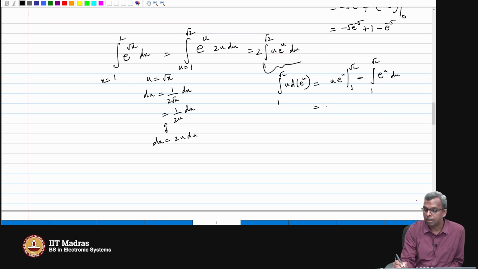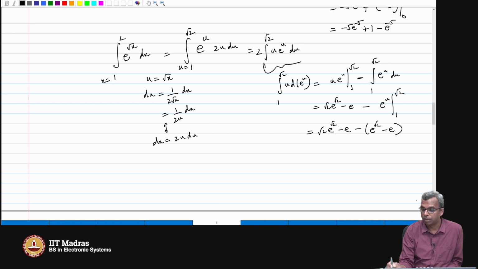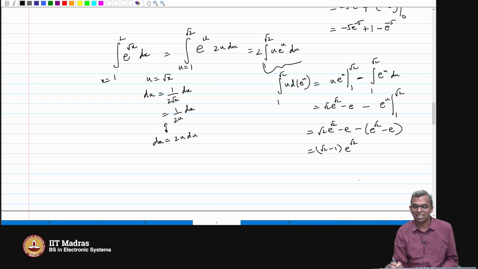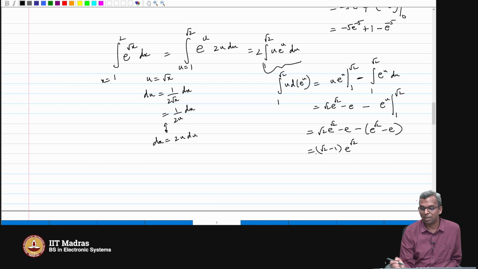That is root 2 e power root 2 minus e power u between 1 and root 2, which is e power root 2 minus e. So these two will cancel and you will get root 2 minus 1 times e power root 2, as you would have expected directly also. There is a 2 multiplying that, so you can do that.